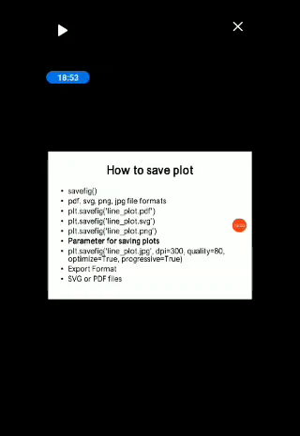Okay, and parameters are, you may set the DPI or dots per inch, quality, you may optimize it. These are the parameters used for saving the plots, and you may set the export format also. So SVG and PDFs are important extensions that will allow the saving of files.